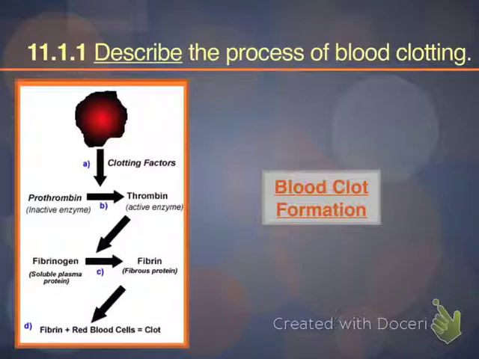Once thrombin acts on fibrinogen, it is converted to fibrin, which is a fibrous protein. This fibrous protein almost acts as a net, and it will trap platelets, red blood cells, all of these things, and it will hold this clump or this clot against the injury to block the loss of blood.